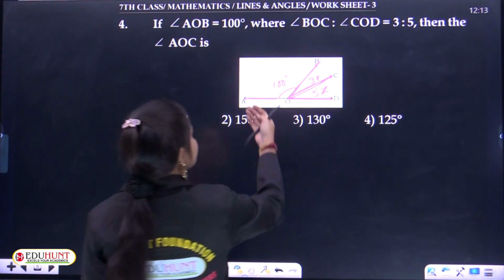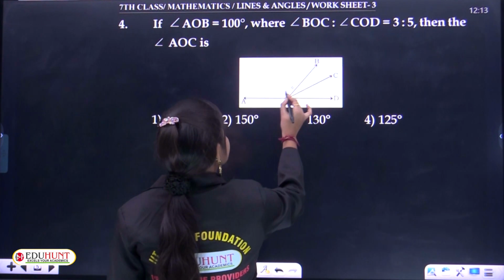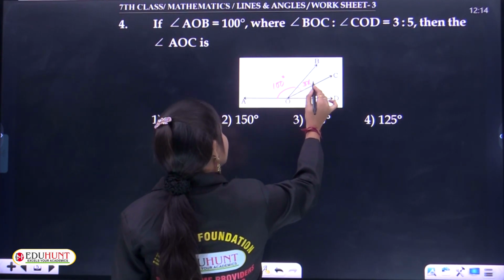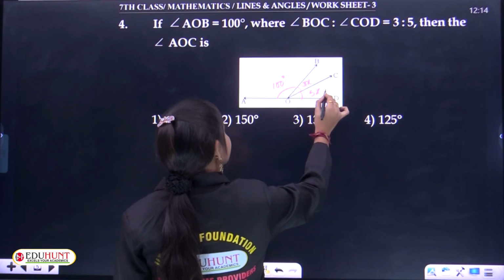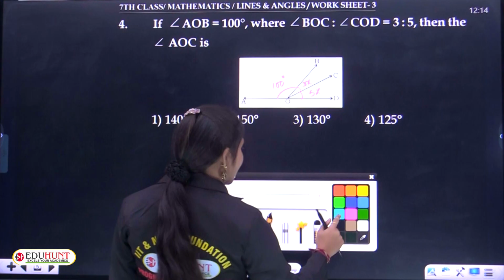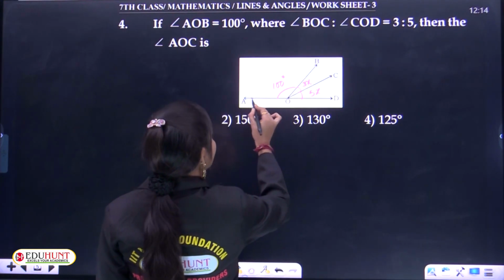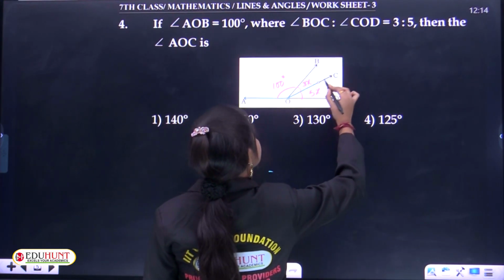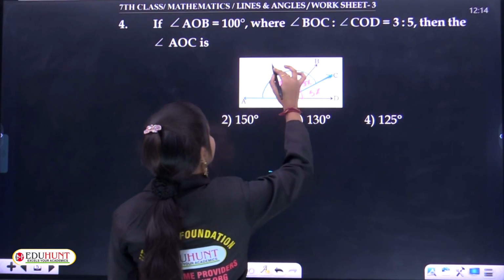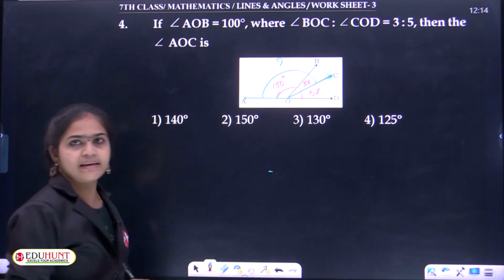Understood? Once again, see what they given. This is 100 degrees and this is 3x and this is 5x. Okay, ma? Now what we need to find out? We need to find the angle AOC. This total angle we need to find out. That is the given question.